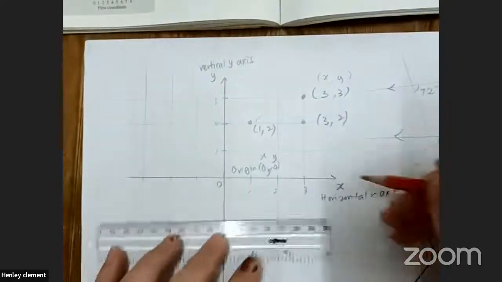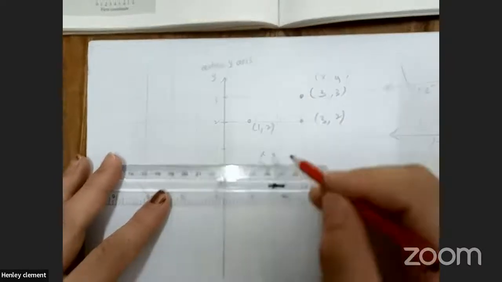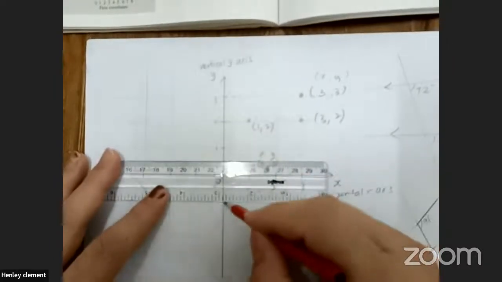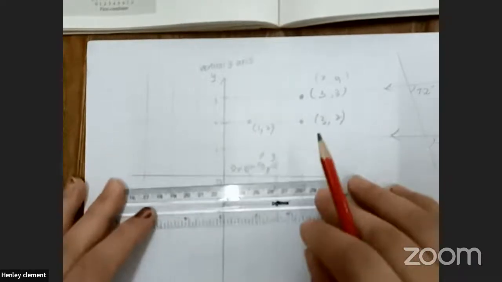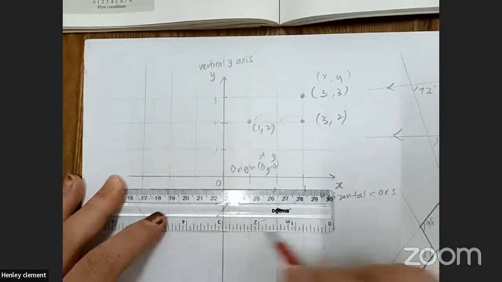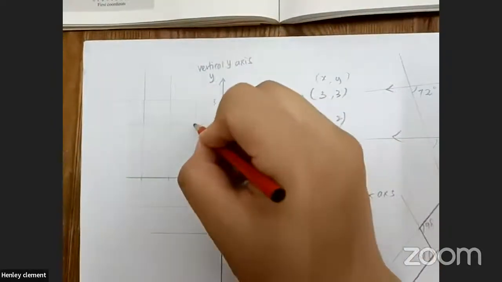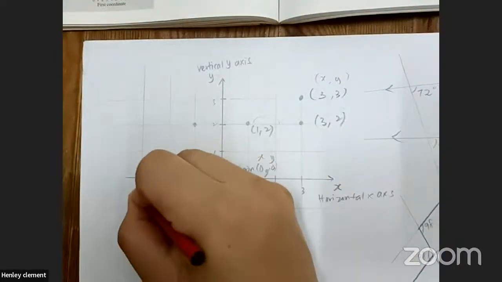Okay, so your point may be here also. If here is -1, -2, and -3.